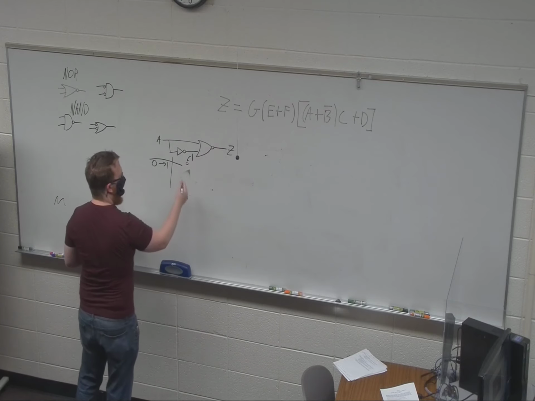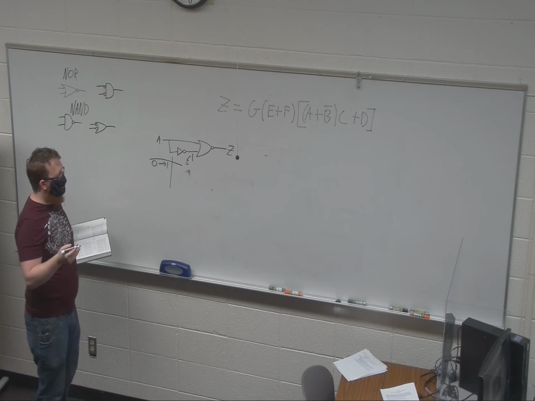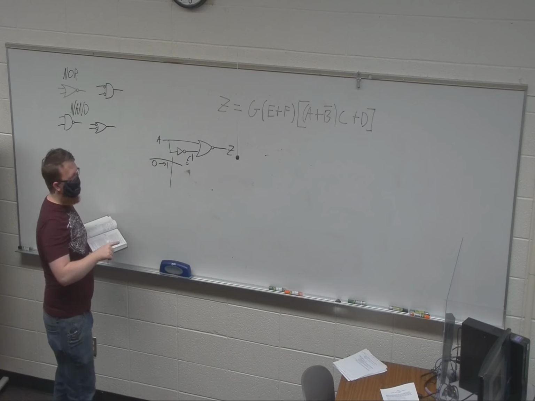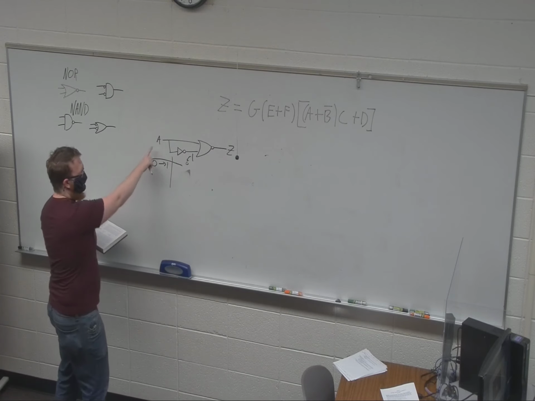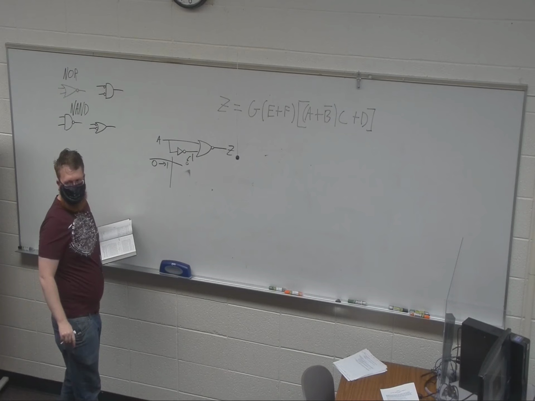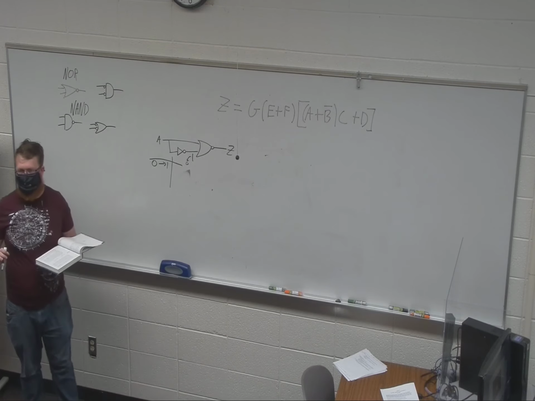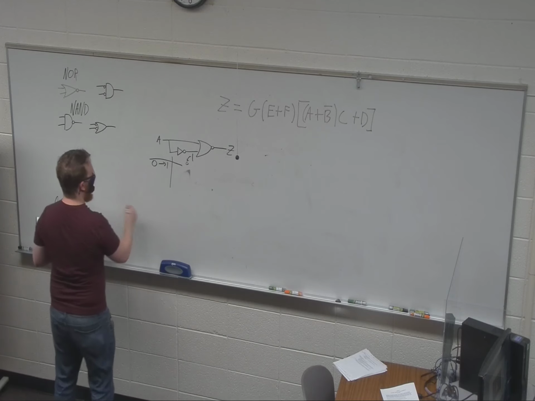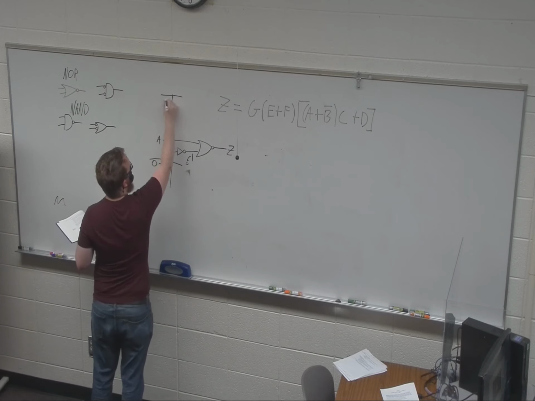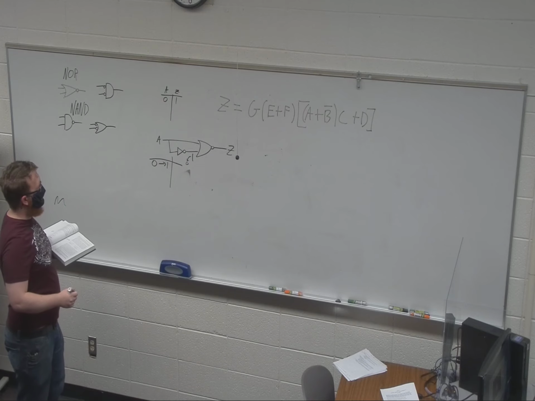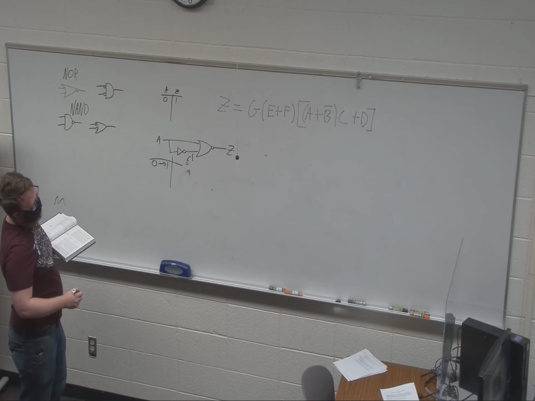And the output Z, though, is going to react to this change quickly, right? So what is the output Z when A is 0? Yeah, so if we're drawing just the normal truth table, and we have A and Z, and A is 0, that is 0. Yeah.